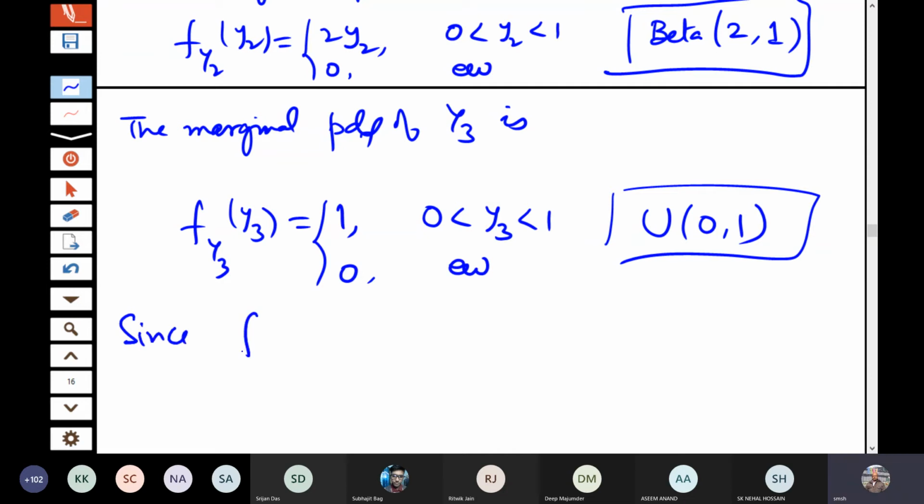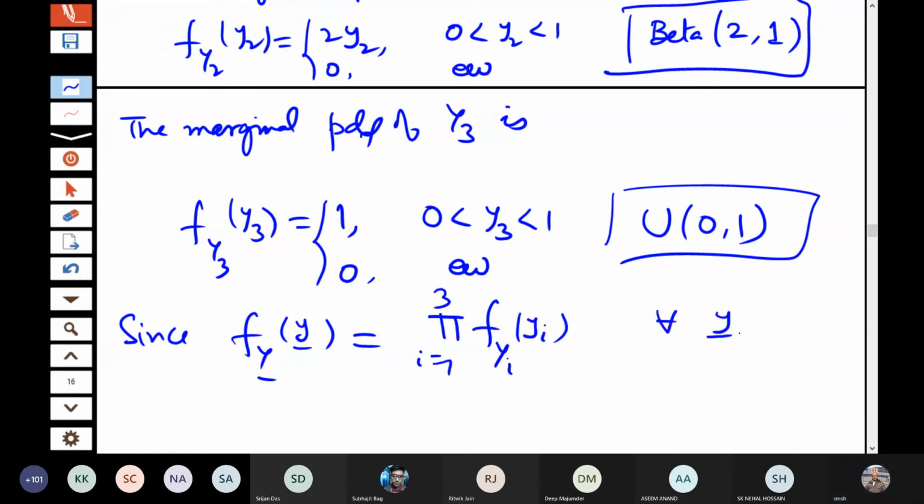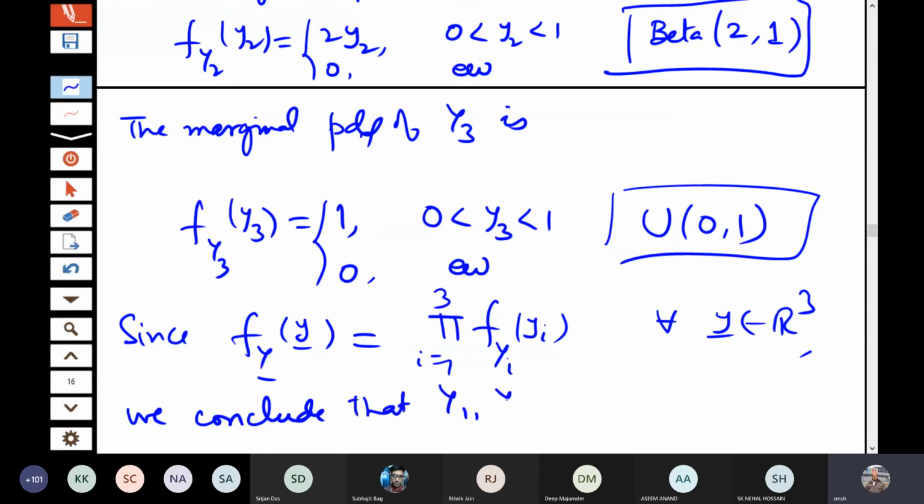Since you are getting the joint distribution equal to the product of the marginals, therefore we conclude that y1, y2, y3 are also independent.